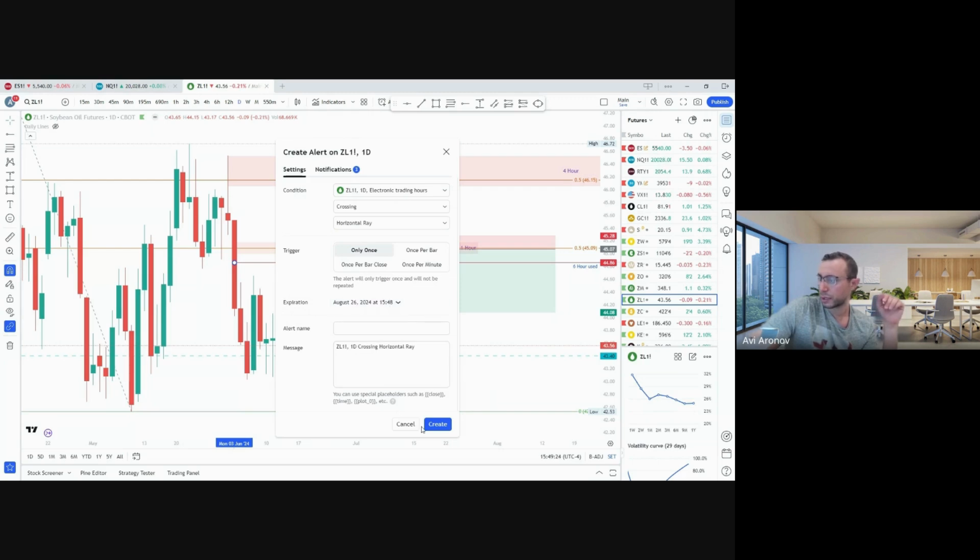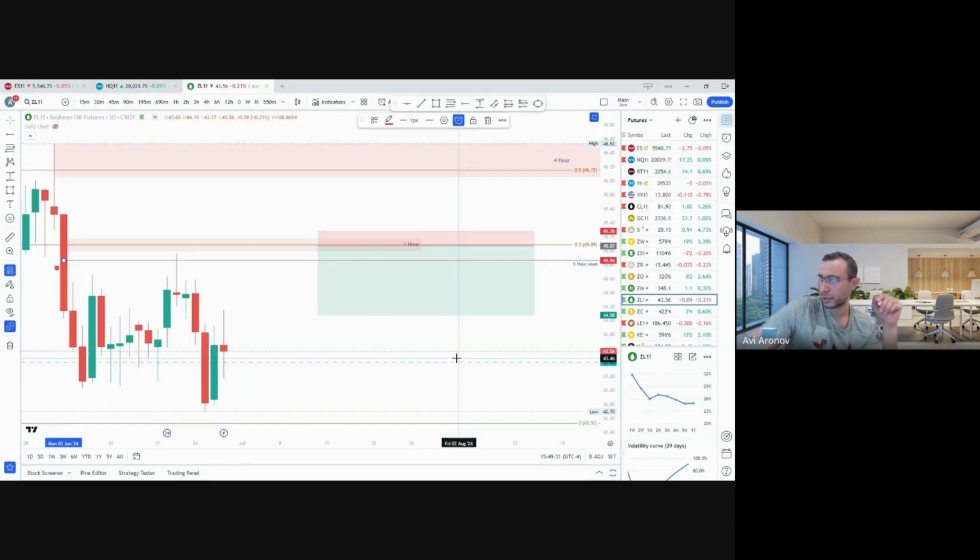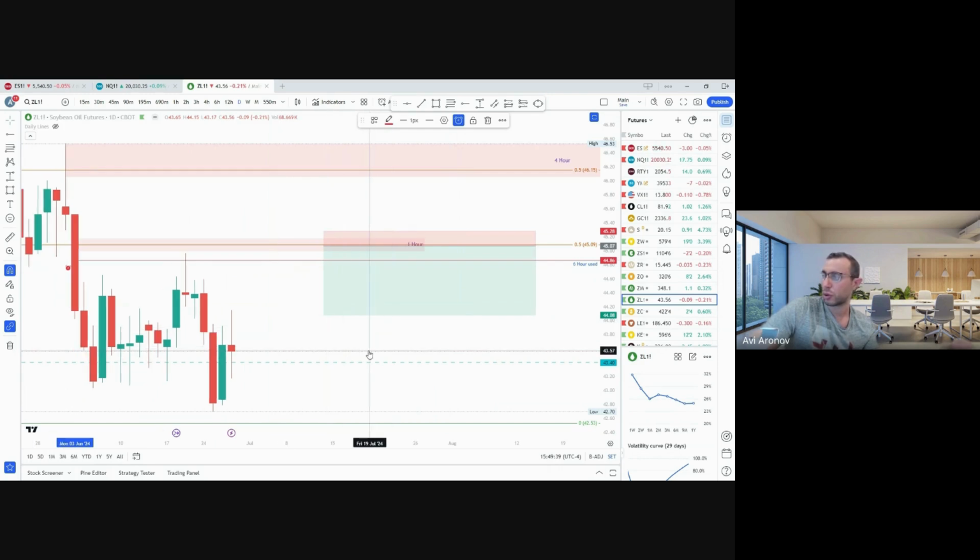But for me there were multiple alerts that just expired, and I didn't take the trade because of that. So this way, when it hits, you will see it, and you can right away go into your confirmations.